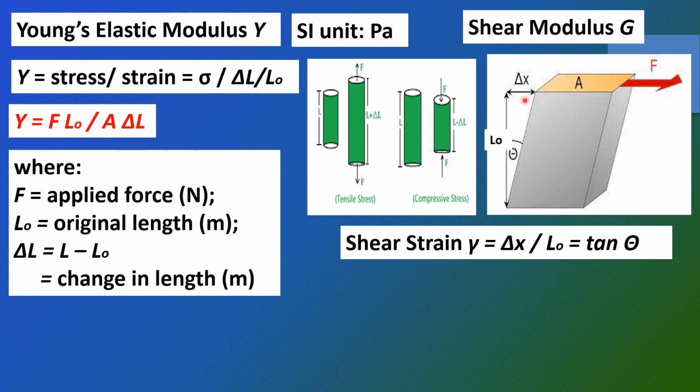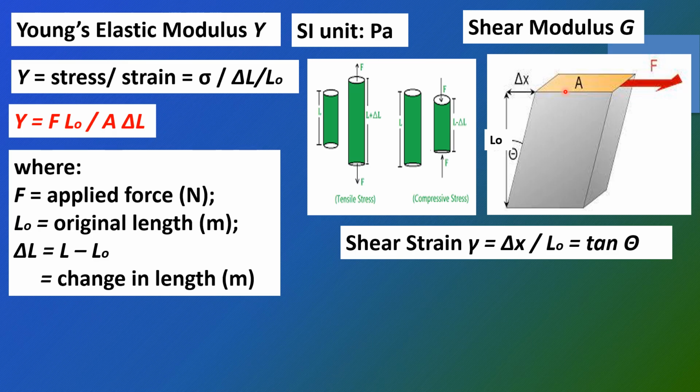But when subjected to a parallel force F, parallel to the top surface that is, then we are talking about shear strain, which can also be denoted by the Greek letter gamma, and that is equal to delta x, or the change in the displacement, divided by the original length L.